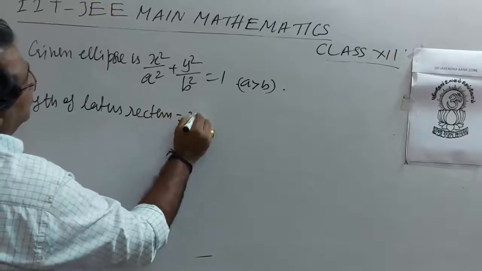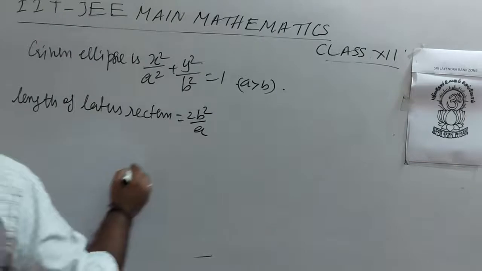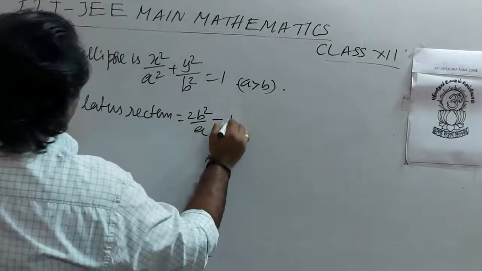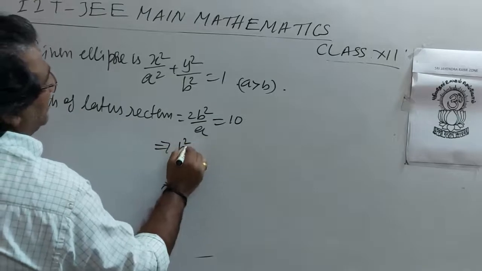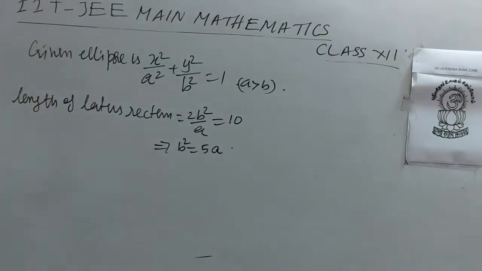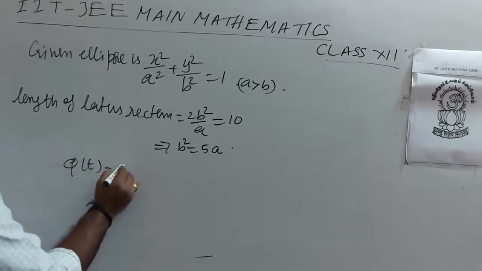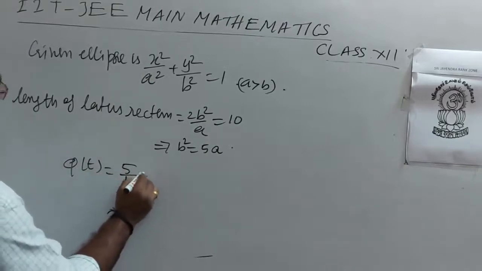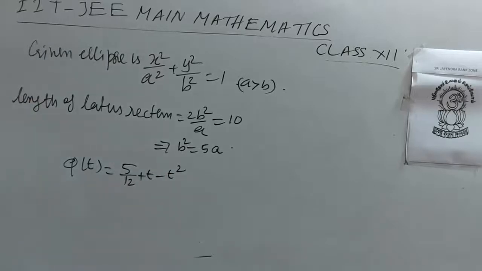The length of the latus rectum is 2b squared by a, which is equal to 10, which means b squared equal to 5a. Phi of t is given as 5/12 plus t minus t squared. You want to find the maximum value.